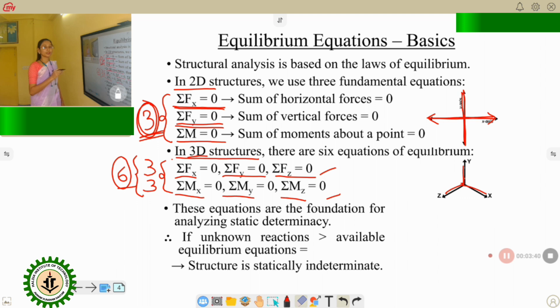In that case, the unknowns in excess of the number of equations are unsolvable. That number is called the static indeterminacy. For 3D structures, the available equations are 6; for 2D structures, 3. Let us proceed to the next slide to see how these equations are implemented to calculate the indeterminacy of structures.